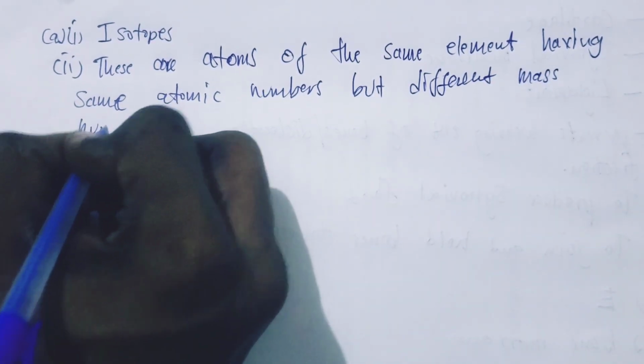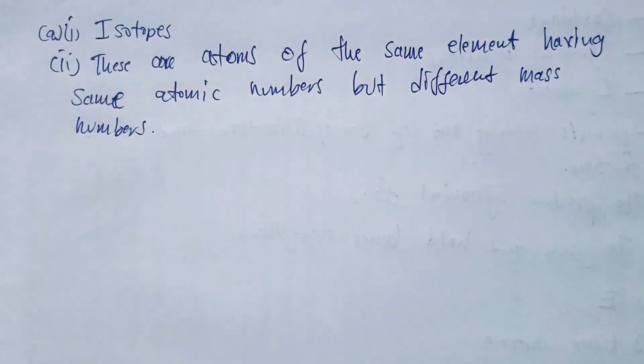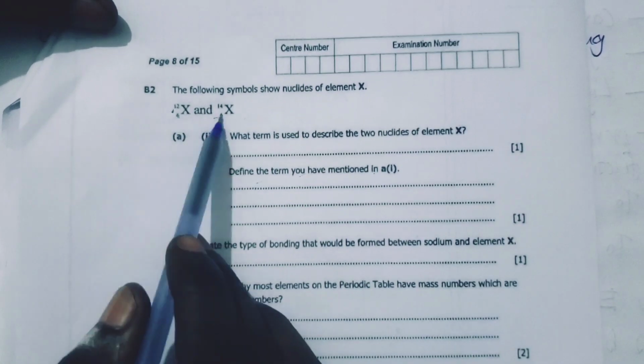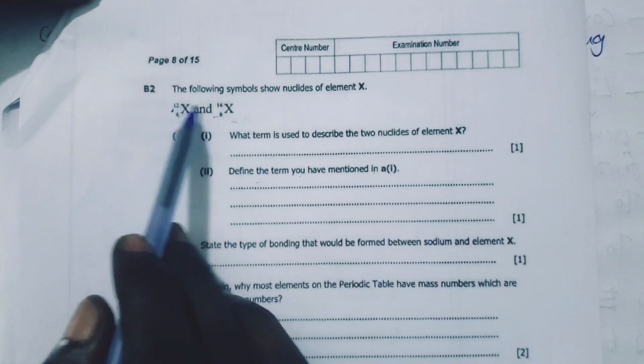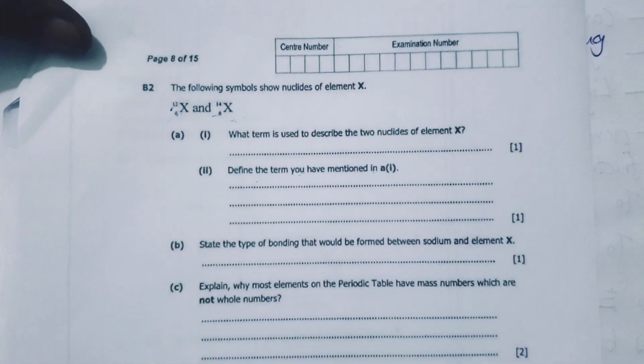This is what we call isotopes. They have the same atomic numbers, 6, 6, but different mass numbers. This one 12, this 14.